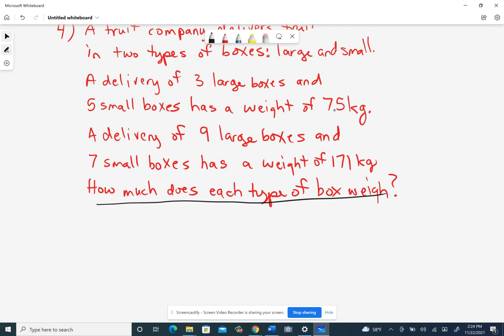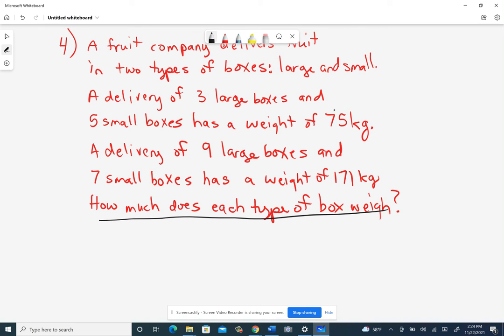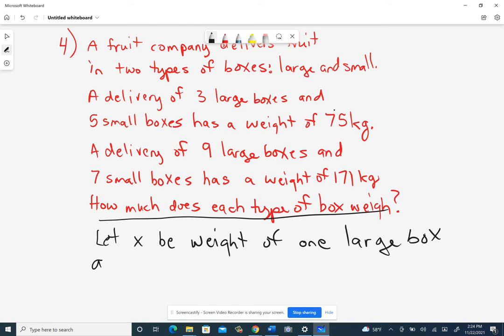Okay, so let me set it up then. So I'm going to let X be the weight of one large box, and I'll let Y be the weight of one small box, because there's only those 2 types.